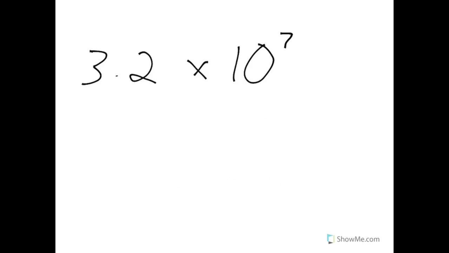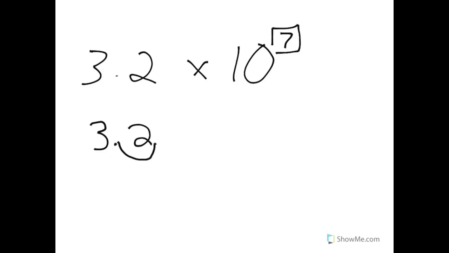Okay? Vice versa. Now we have a scientific notation expression here, 3.2, or 3 and 2 tenths, times 10 to the 7th power. Well, I'm going to write 3.2, and then I'm going to move my decimal this time to the right 7 places, because it's to the 7th power.